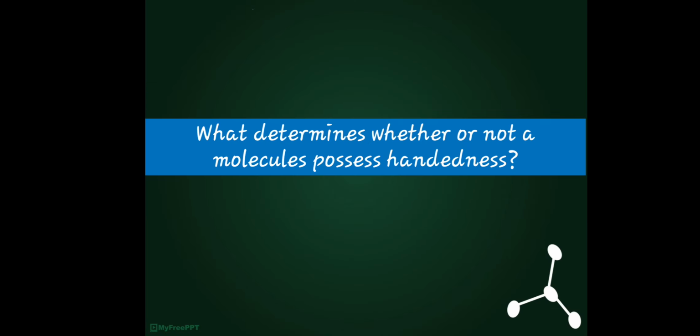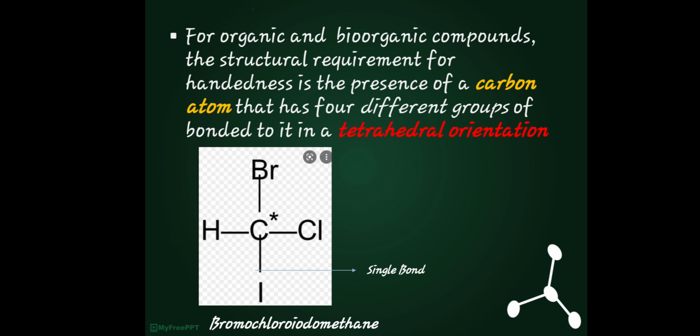So what determines whether or not a molecule possesses handedness? How can we determine it? For organic and bioorganic compounds, the structural requirement for handedness is the presence of a carbon atom that has 4 different groups bonded to it in a tetrahedral orientation.